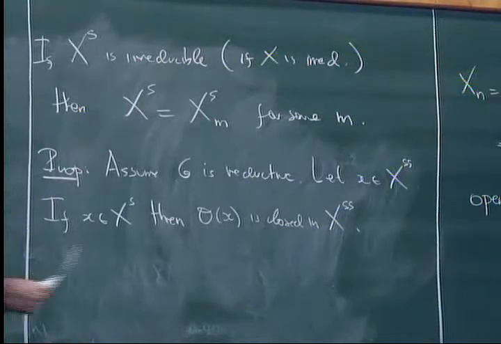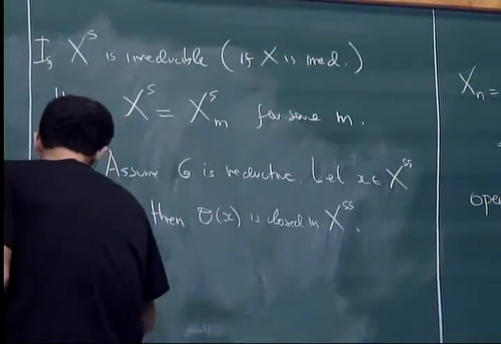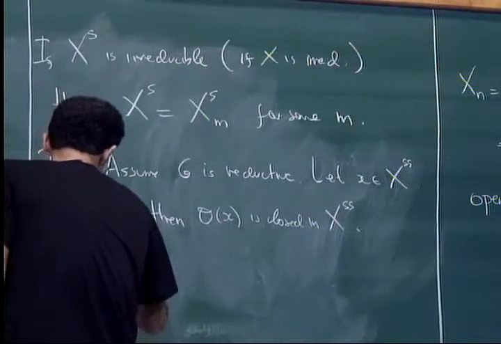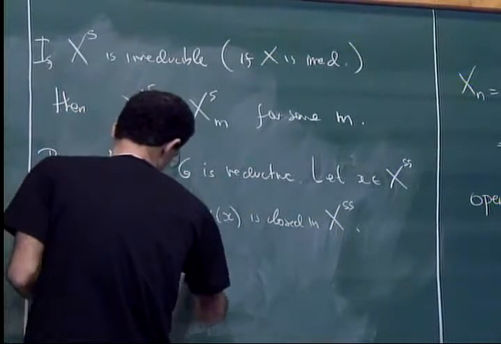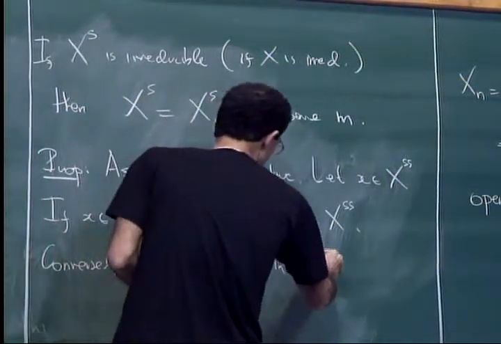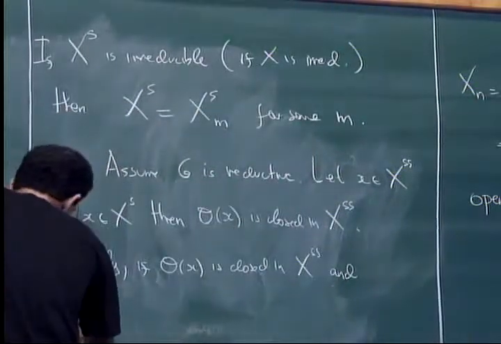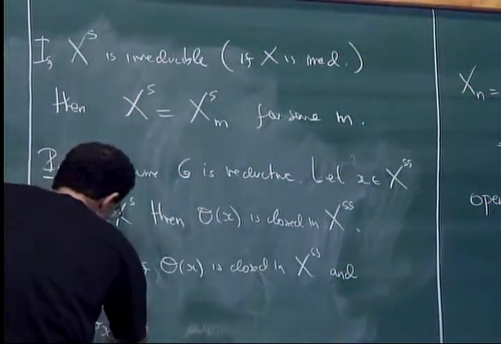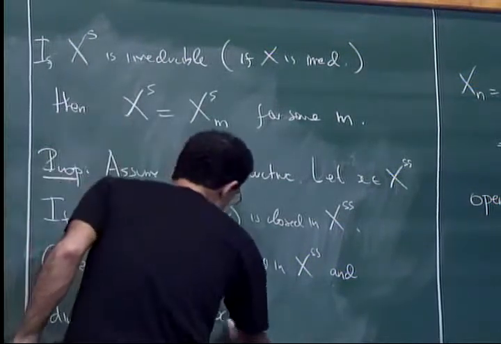Okay. But what's interesting is that a converse holds. So conversely, if the orbit O_X is closed in X^ss and the dimension of the stabilizer is 0, then X is stable.